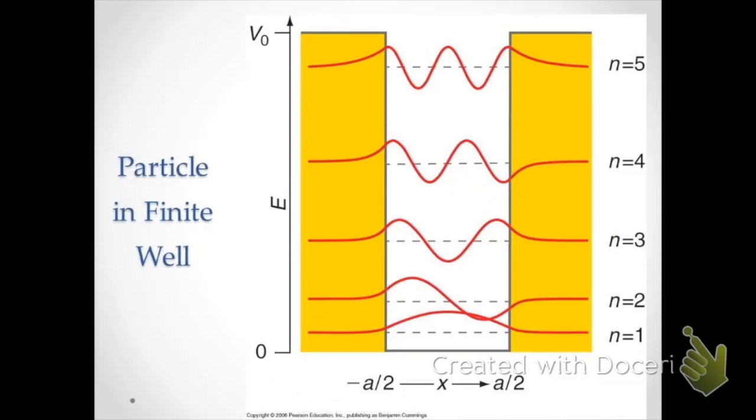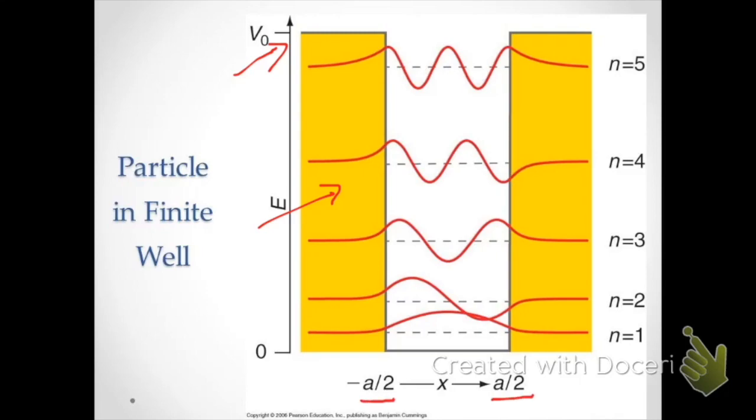Here we have a diagram which shows precisely what I was saying: this region outside the box, indicated here in yellow, is the region where we have a finite potential, indicated by this V naught right here. And of course inside the box, between, in this case, negative A over 2 and A over 2.